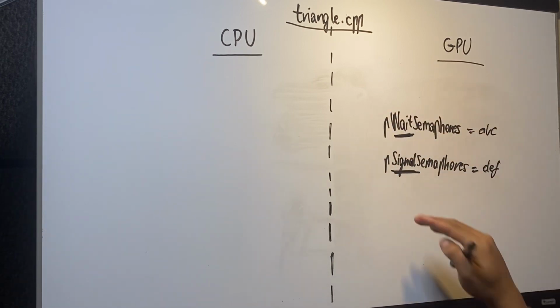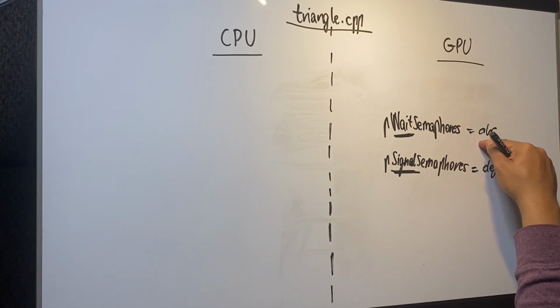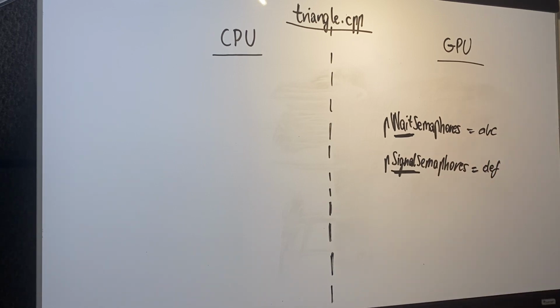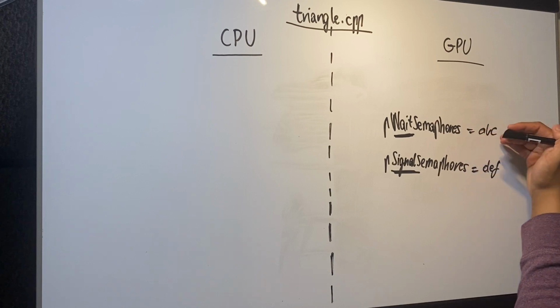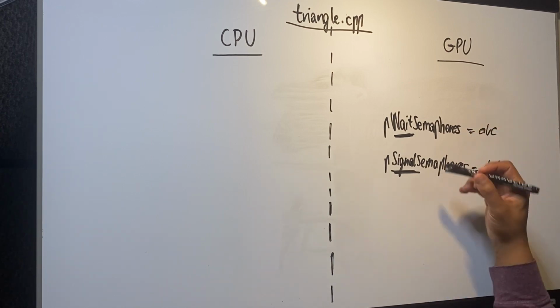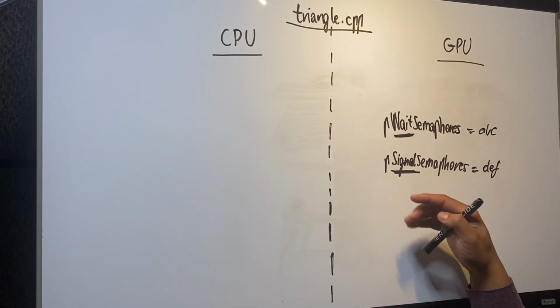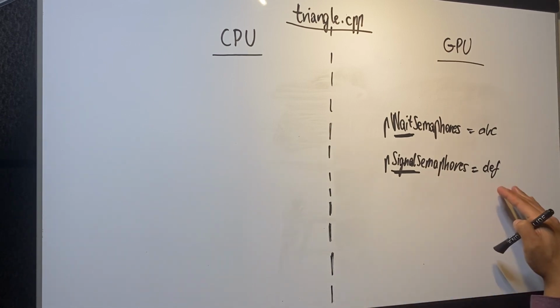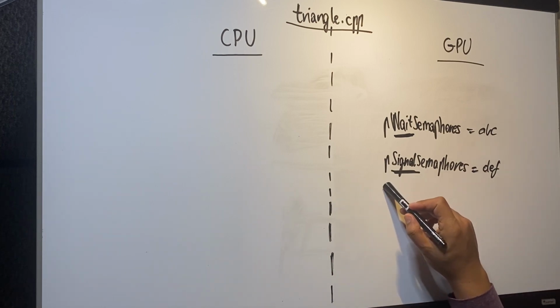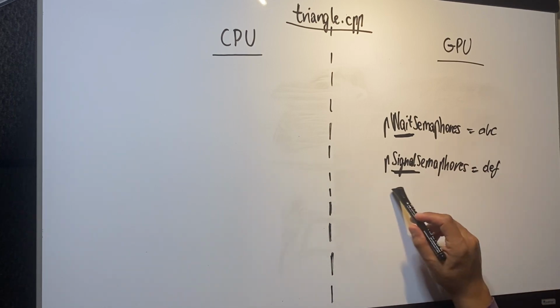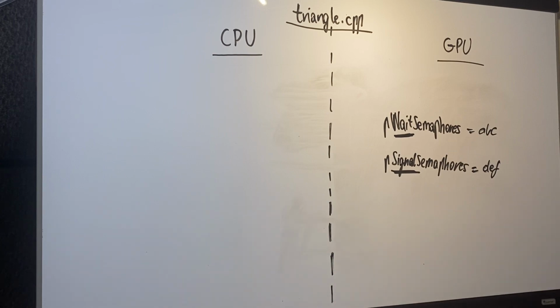It's not going to do anything until semaphore ABC has been completed. Now, once semaphore ABC is completed, process 1 is going to start. But hey, process 1, upon completion, once you've done everything you need to do, you're going to have to signal to Vulkan, to everyone, that you're completed, and you're going to signal by turning on this DEF, right?